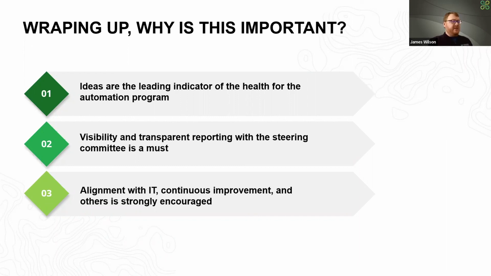And make sure you're talking continuously with IT, Six Sigma or process improvement teams. Internal audit's a great place to go, so make sure those lines of communication are going, because you can really support each other if it's working well.